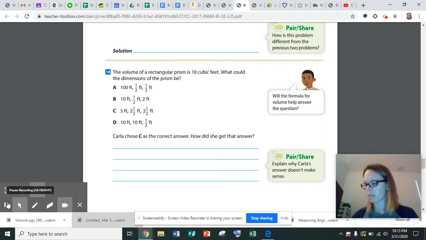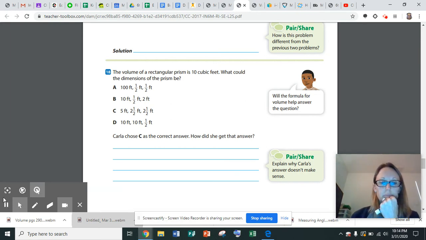What she did was, instead of multiplying, she added, and that's how she chose C. So she added the dimensions instead of multiplying. So that's what she did wrong. Because 2.5 plus 2.5 is 5, and then 5 plus 5 is 10. So she added.